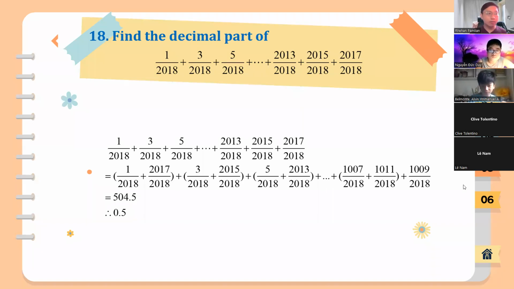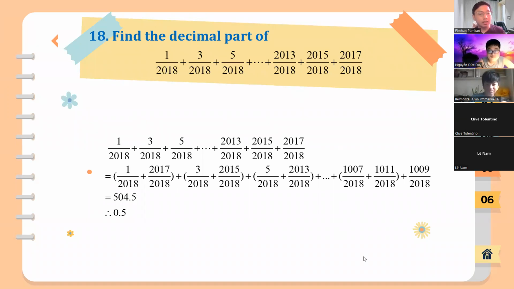Okay, the next problem, number 18, is actually just the same problem, but you're asked for the decimal part. So the decimal part is what you're looking for here.